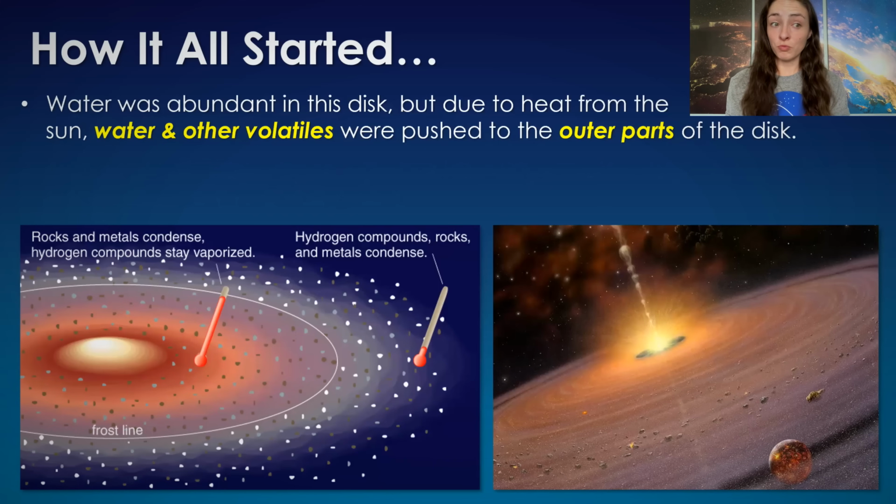Water was very abundant within this disk, but because of the heat of the newly forming star at the center of the solar system, our sun, that was creating a temperature gradient in the disk that pushed out all the more volatile substances like water to the outer parts of the solar system, or at that point, the disk.